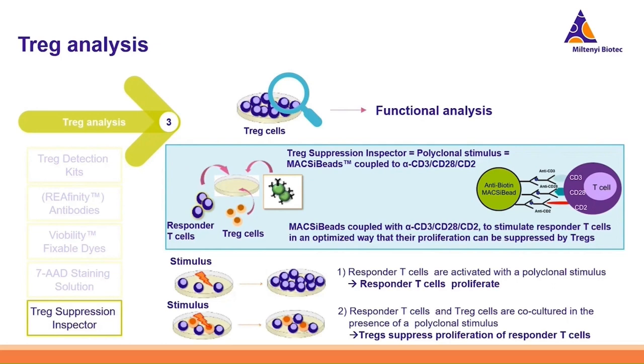So in a co-culture with responder T cells and MACSiBeads, the responder T cells would happily proliferate according to the stimulus. But when we add the Tregs on top, because Tregs are suppressing immune responses, they would then also suppress the proliferation of the responder T cells if they are fully functional.